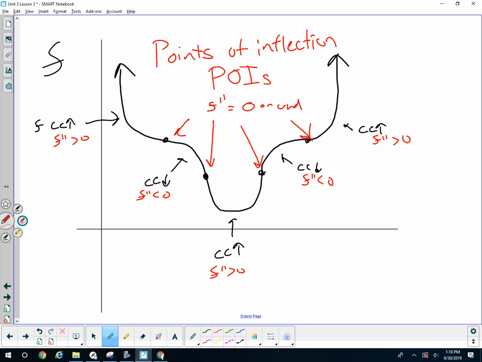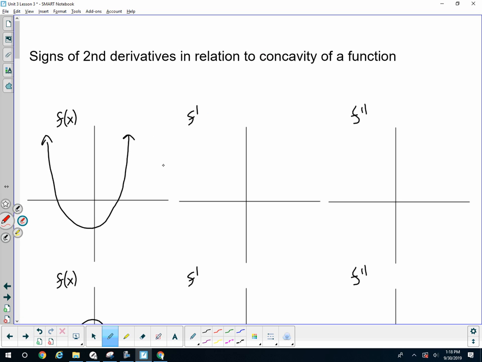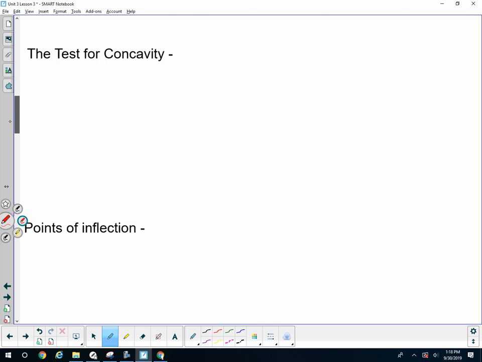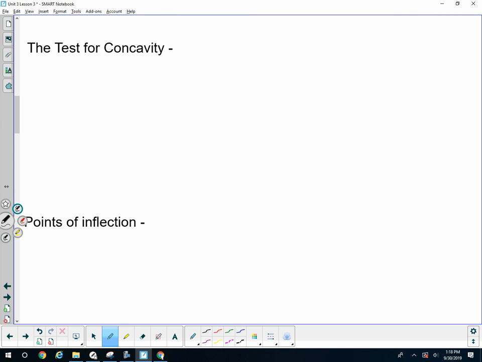Okay? Now, the following graphs, I'm going to skip because it's pretty much the same thing as what we already talked about. We're just going to go ahead and state what we discovered and what we know now. A function is concave up when its second derivative is positive. I want to say f, but I don't want to say f. I'm going to stick with something.